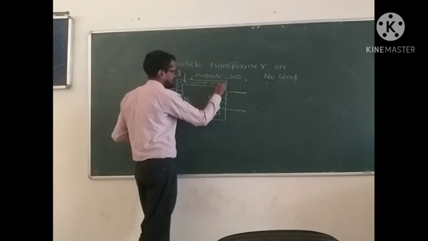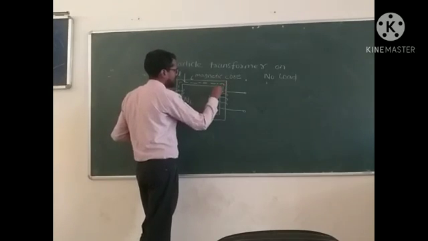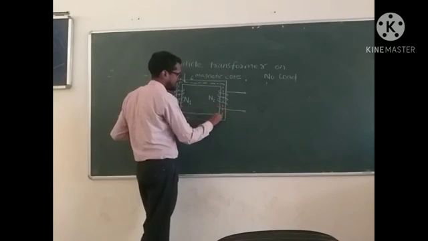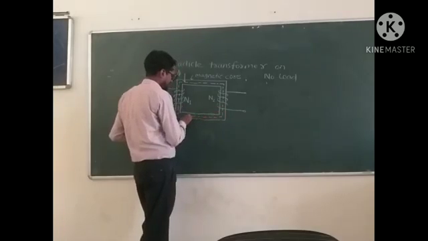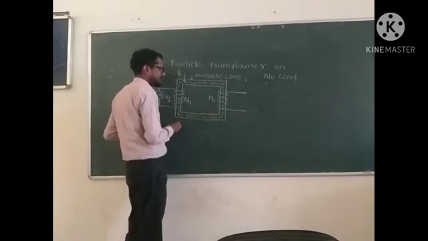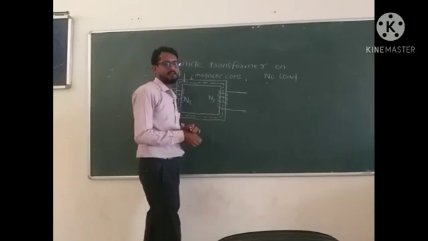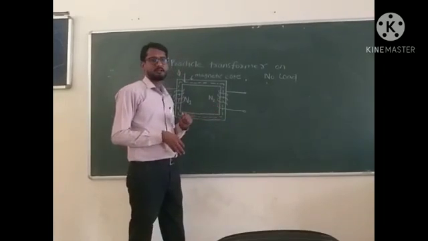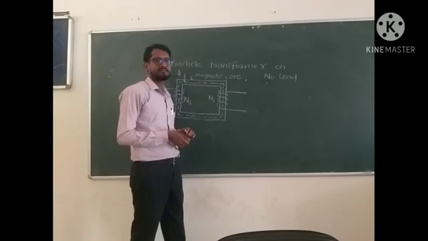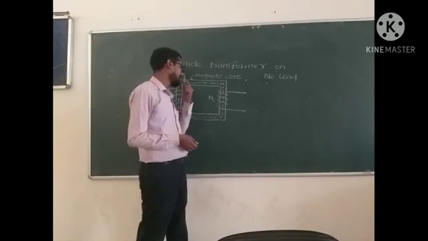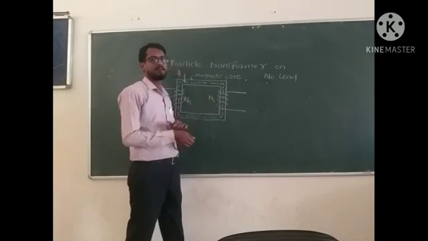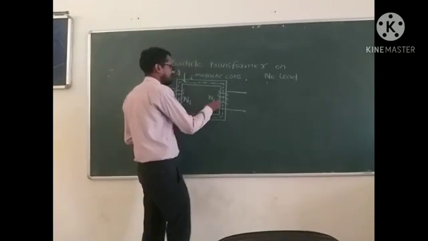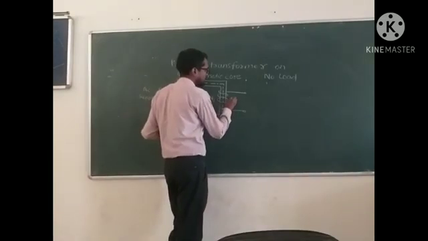This flux travels through the magnetic core to the secondary winding of the transformer. As per the principle of mutual induction, the transformation principle, when the flux links with the secondary winding, it induces an EMF, here E2.